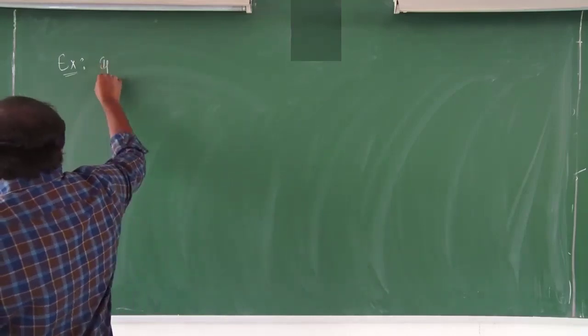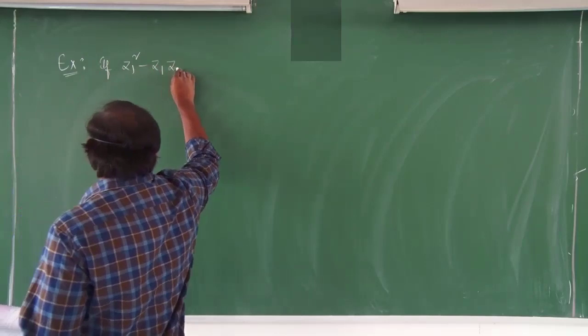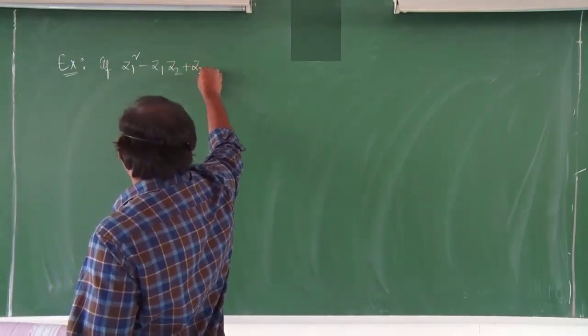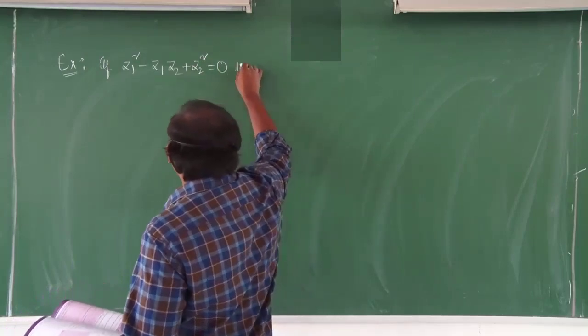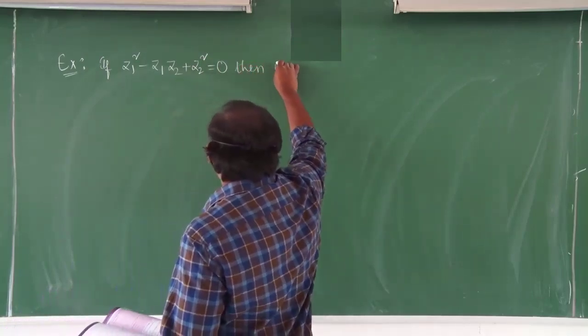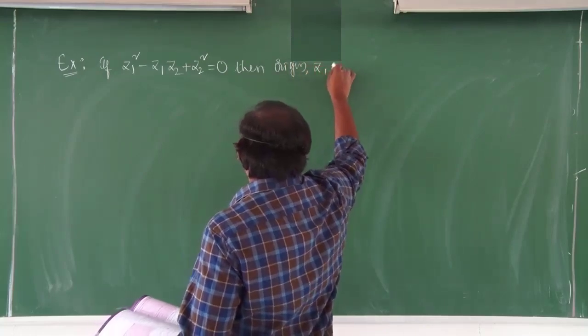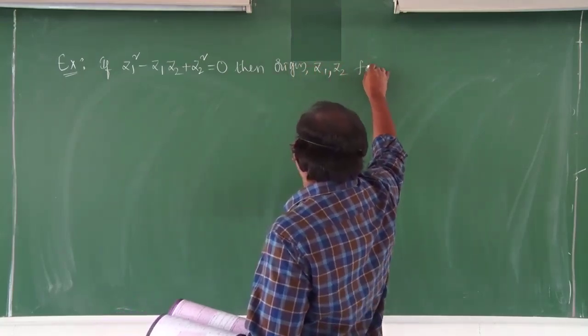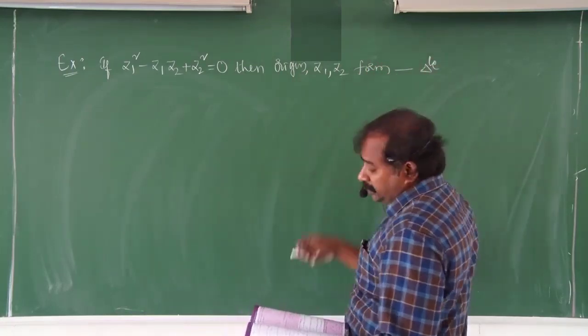If z1 square minus z1 z2 plus z2 square equal to 0, then origin, z1, z2 form a dash triangle. This is the bit they gave, ma'am.